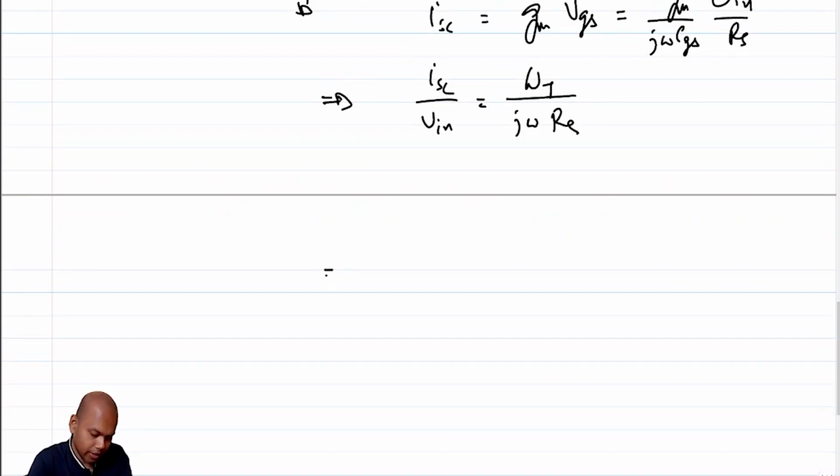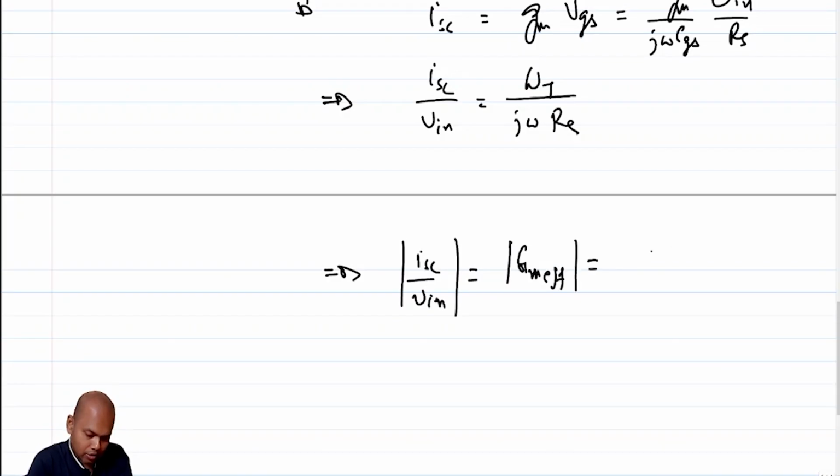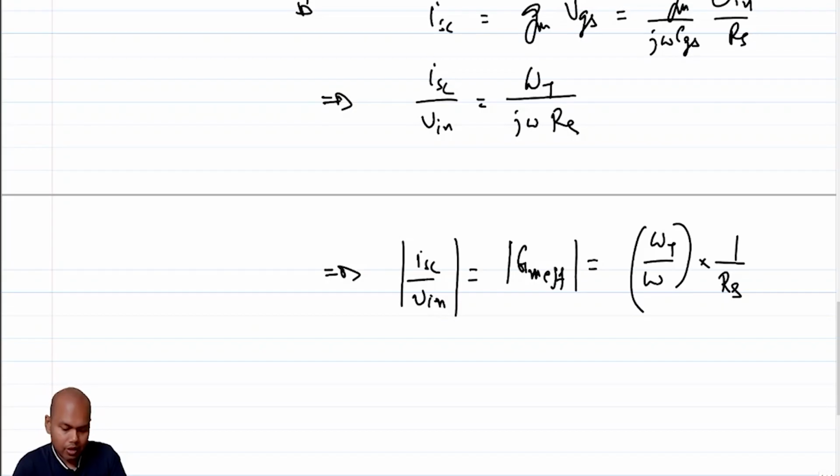Or in other words, I can effectively say that the mod of this ISC by V in, which is the mod of GM effective, is omega t by omega times 1 over RS, right?